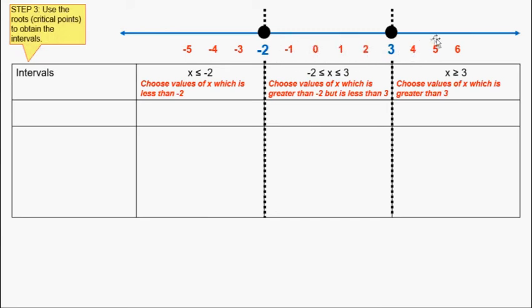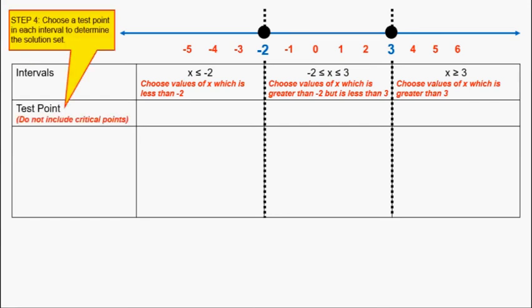And yung mga numbers na mas mataas pa kaysa sa 3. Ayan, naka-highlight naman yung ating mga critical points, diba? Okay? At ito yung mga intervals. Sinulat lang natin dyan. Step 4, choose a test point in each interval to determine the solution set.